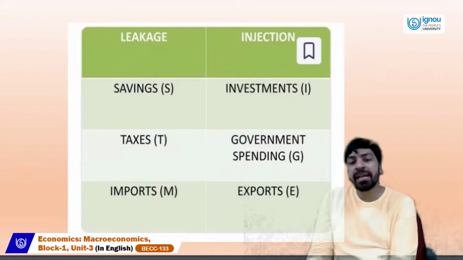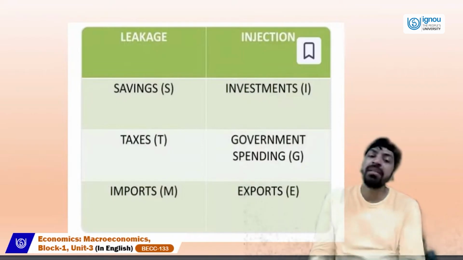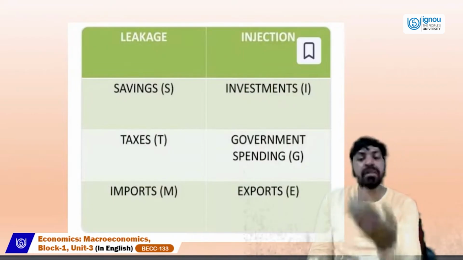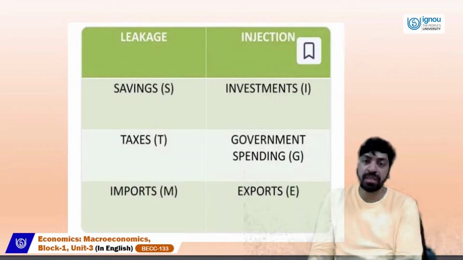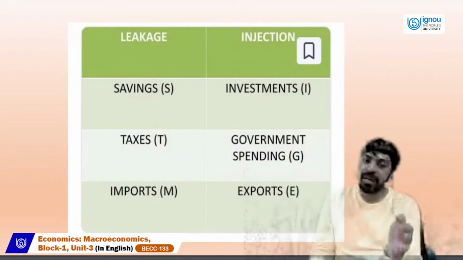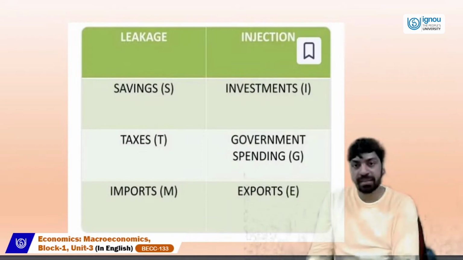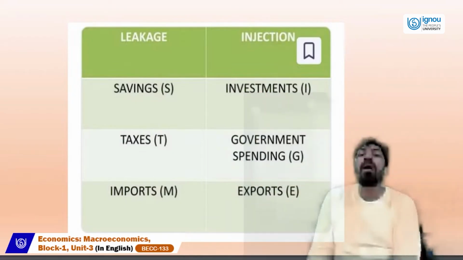Leakage comes when our savings are used, when we pay taxes our money goes, and the imports. Imports means when we demand goods from various countries. So automatically that is the withdrawal of money in these three cases. But when we talk about the injection, we are talking about the introduction of money: investments, government spending, and exports.